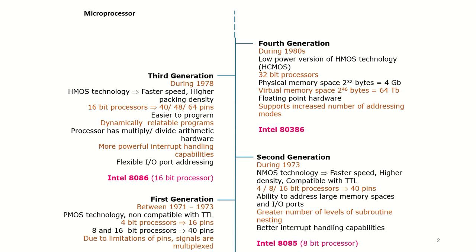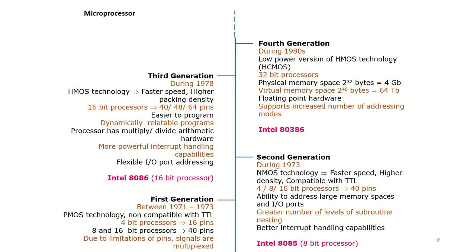Alright, so if you see the generations of the CPU, the first generation is the 4-bit processor, hardly having 16 pins, 1970s. The second generation started with 40-pin ICs, which is an 8-bit processor, the 8085 Intel CPU. The third generation is the 16-bit processor, 8086, which was the popular PC in almost the 1980s.